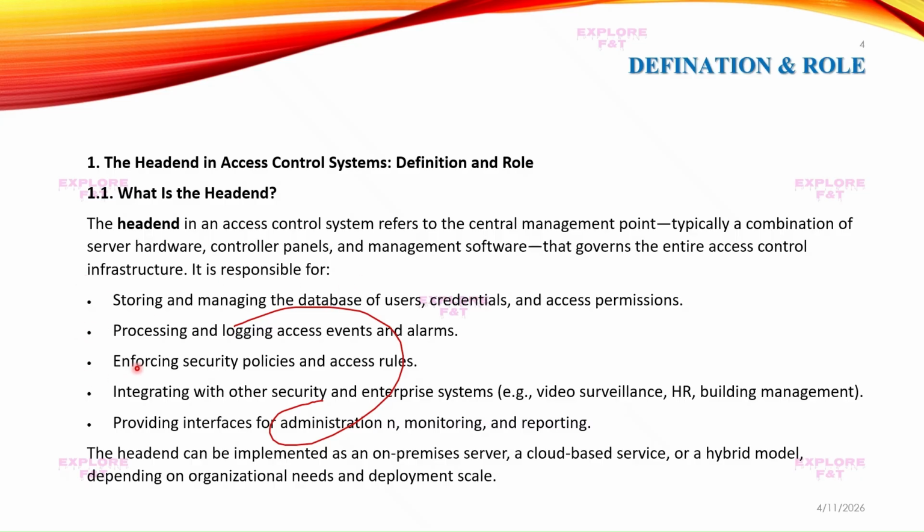It is responsible for storing and managing the database of users, credentials and access permissions, processing and logging access events and alarms, enforcing security policies and access rules, integrating with other security and enterprise systems like video surveillance, HR, and building management systems, and providing an interface for administration, monitoring and reporting. The head end can be implemented as an on-premises server, a cloud-based service, or a hybrid model, depending on organizational needs and deployment scale.